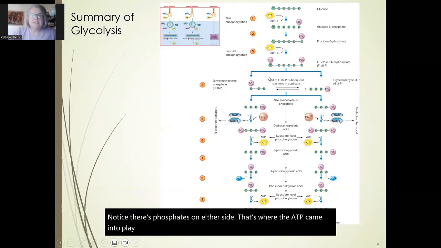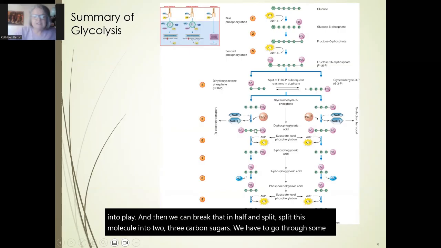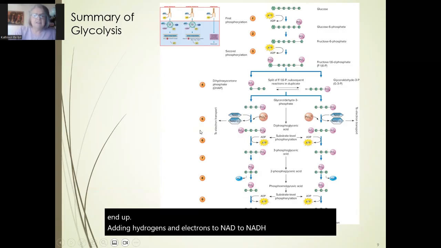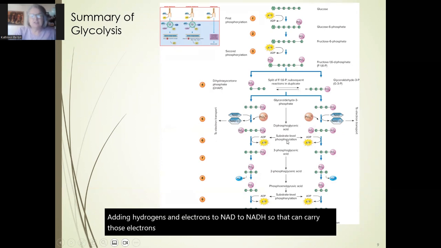And then we can break that in half and split this molecule into 2 3-carbon sugars. We have to go through some isomerizations and some conversions and so on and so forth. We end up adding hydrogens and electrons to NAD to make NADH, so that can carry those electrons over to the electron transport chain. And we can see we generate a couple ATPs through this process.